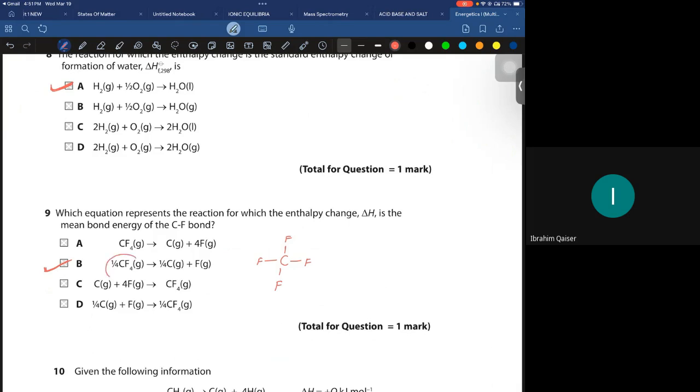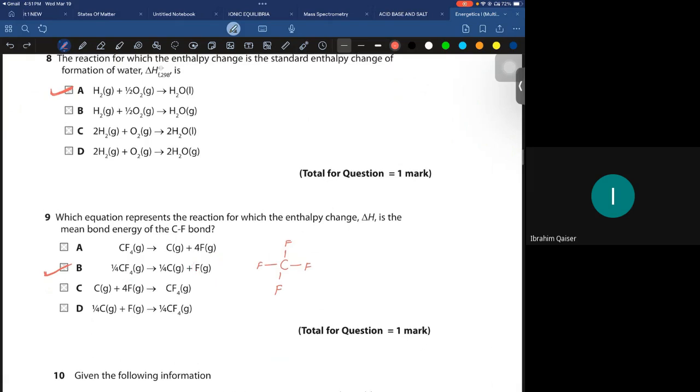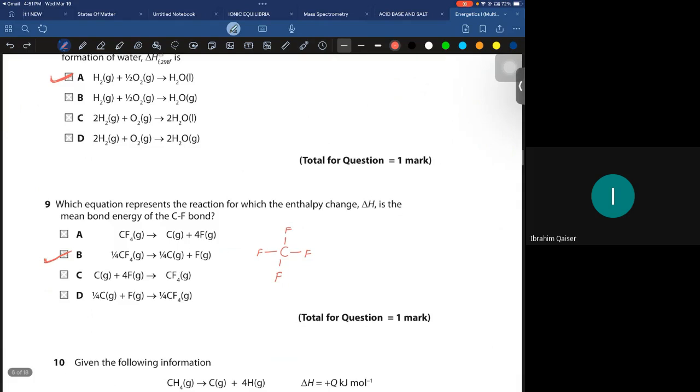You can see this equation is balanced, and 1 mole of fluorine atoms is formed. So 1 by 4 for carbon tetrafluoride, and this is 4, they would be cancelling each other. There would be one fluorine and one fluorine.